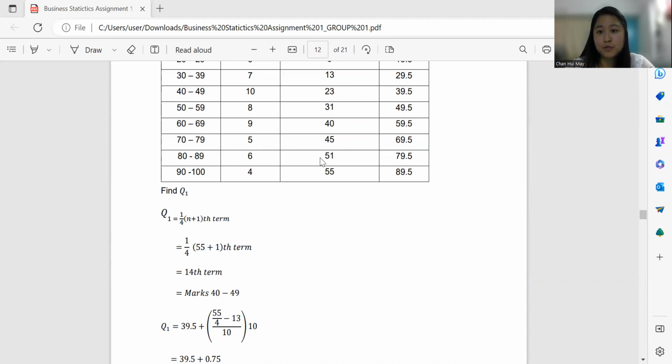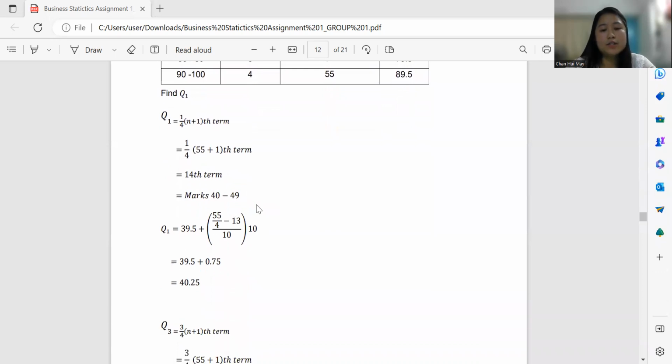We need to find the location first, which is the 14th term, which is in 40 to 49. After we find the location, we will substitute into the formula. Actually, for Q1 and Q3, the formula is almost the same as the median, with just a few changes.